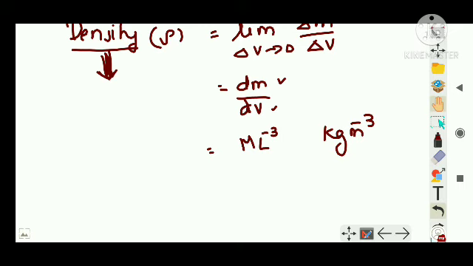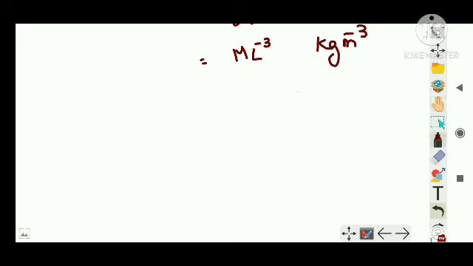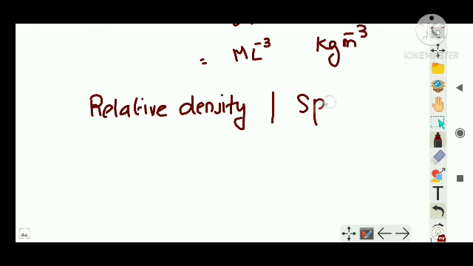So usually when you compare two objects with respect to density, a new term which you have learned in your lower classes is relative density, or specific gravity. What do you mean by relative density or specific gravity?